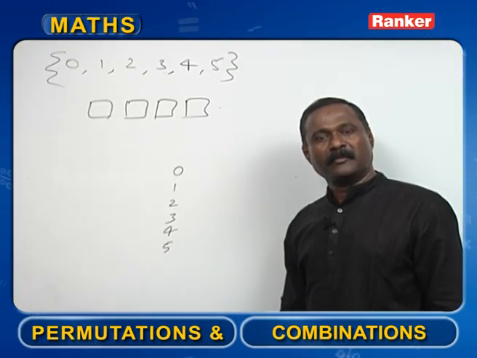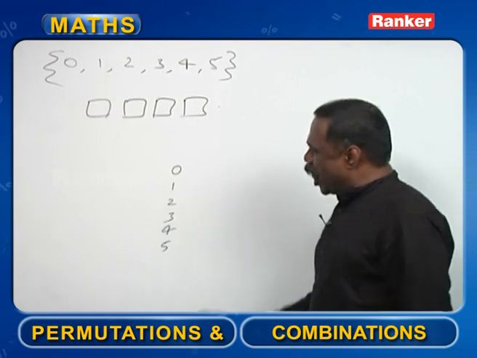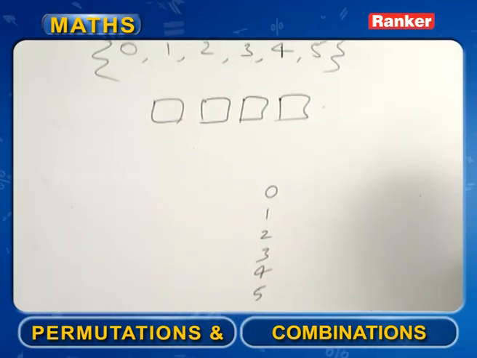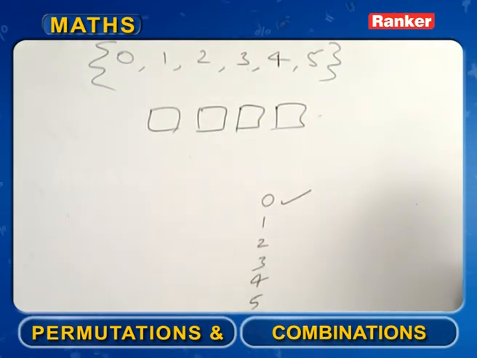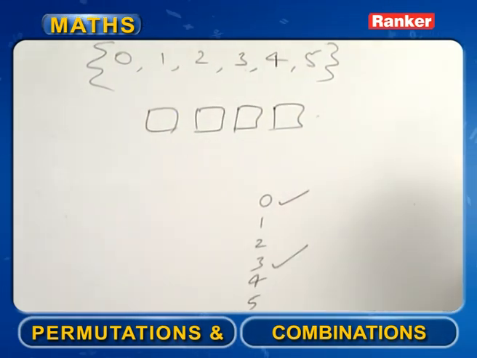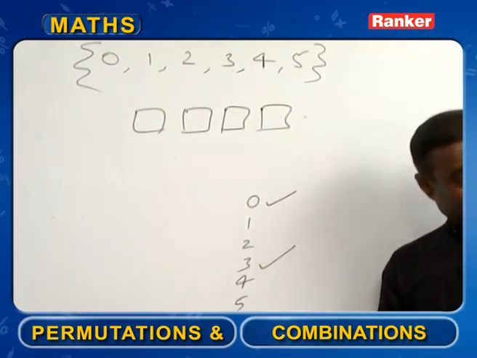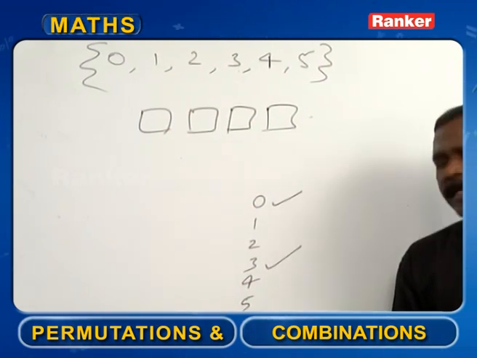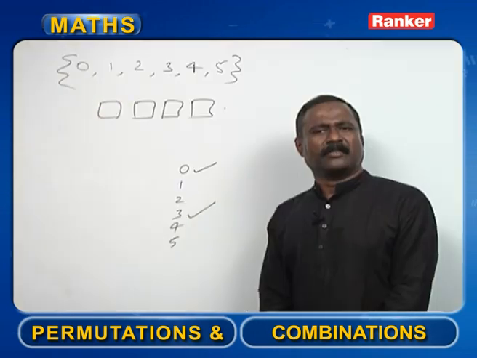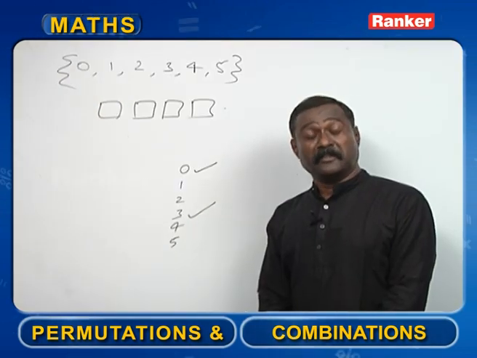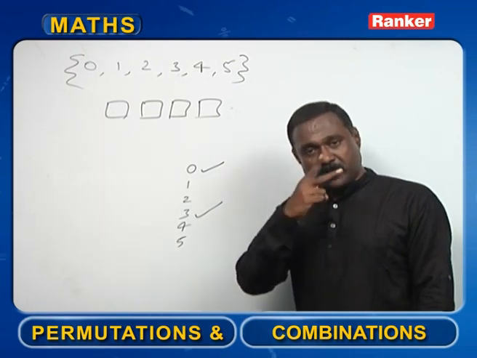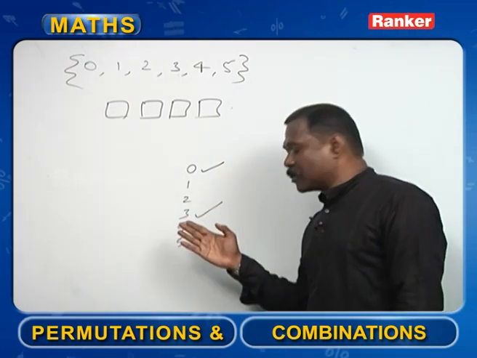If I write them consecutively, how many of these digits are directly divisible by 3? 0, 3. Do you accept this? If you write any 6 consecutive numbers, among them you will definitely find 2 numbers divisible by 3.